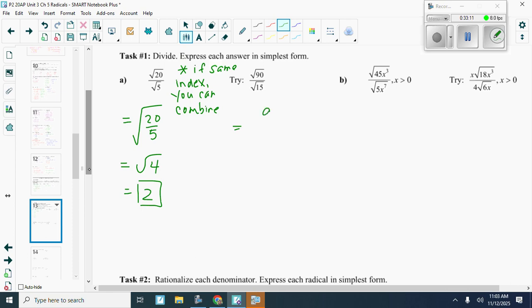Hopefully you got 90 divided by 15, which gives us square root of 6.